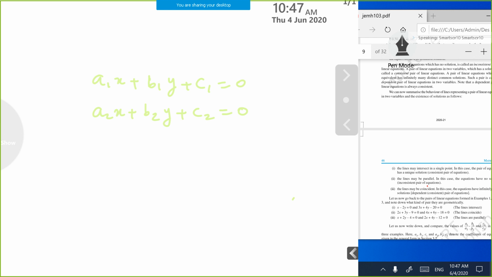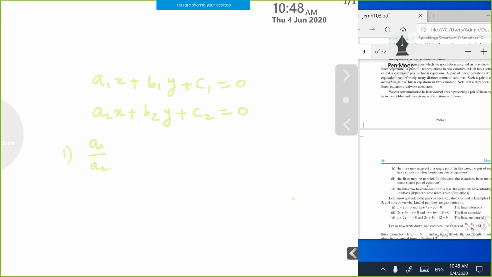This is our pair of linear equations. Last class we studied the ratios of their coefficients: a1 by a2, b1 by b2, and c1 by c2.